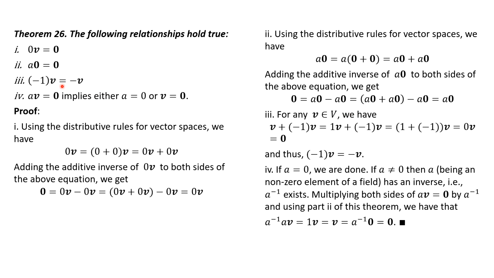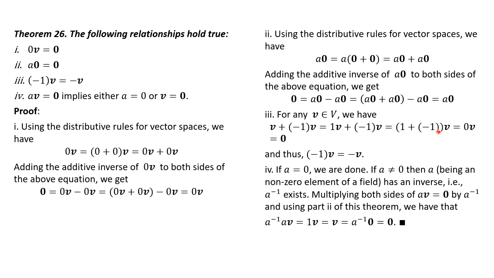Then let's look at the third one here. We'll take v plus a vector, any vector v, plus minus 1 times v. From one of the axioms of a vector space, this vector v is just 1 times v. Then we can use the distributive law to write this out.